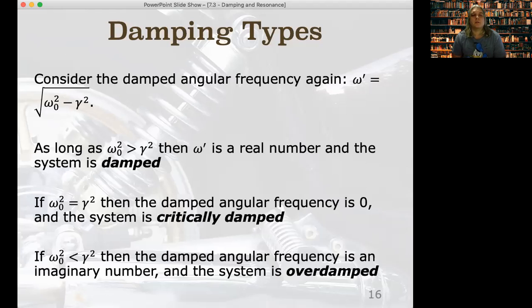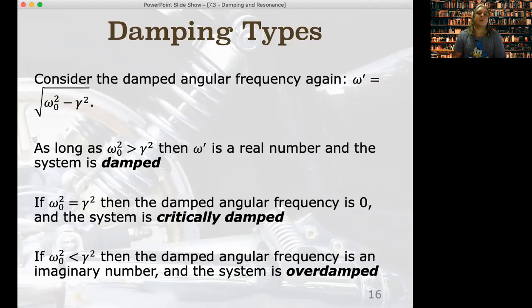The value inside that square root goes to 0 when omega naught squared is equal to gamma squared, and we call that critically damped. And that's the one that we're looking for when we want it to return as quickly as possible to its equilibrium position. And if the omega naught squared value is less than gamma squared, then the value inside that square root becomes negative, and we're dealing with imaginary numbers, and obviously that doesn't make a lot of sense.